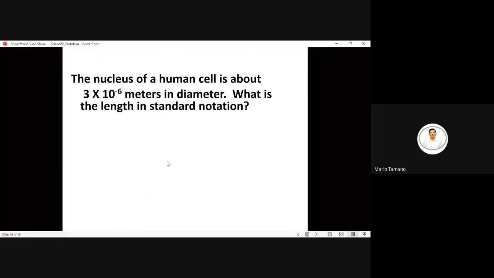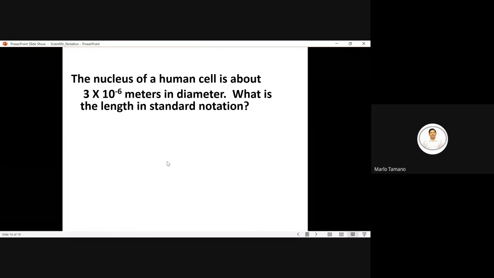The nucleus of a human cell is about 3 times 10 to the negative 6 meters in diameter. What is the length in standard notation? I repeat, the nucleus of a human cell is about 3 times 10 to the negative 6 meters in diameter. What is the length in standard notation? 0.000003.